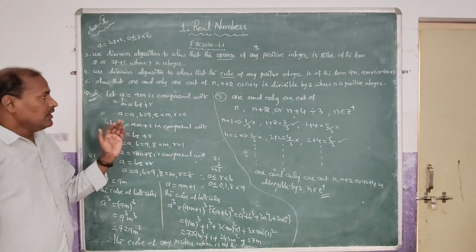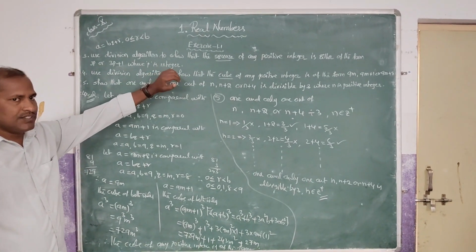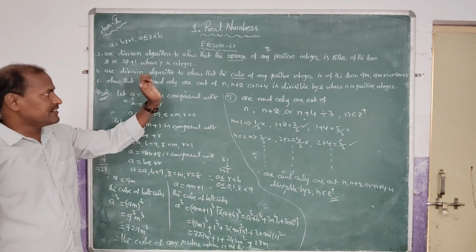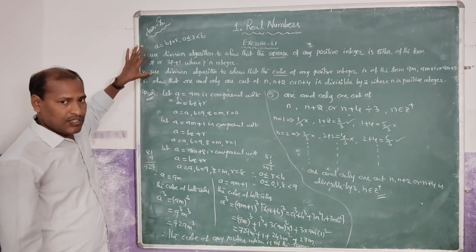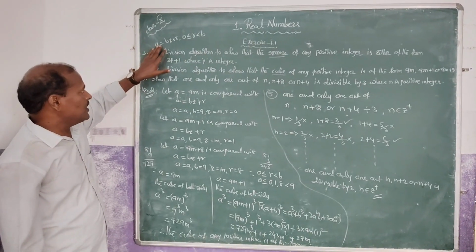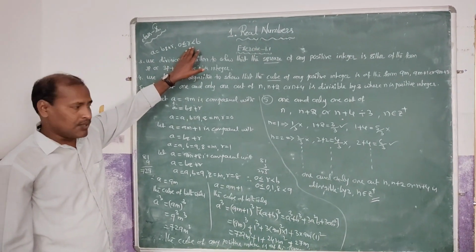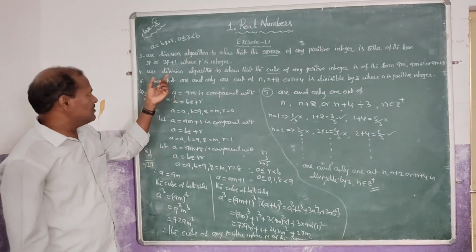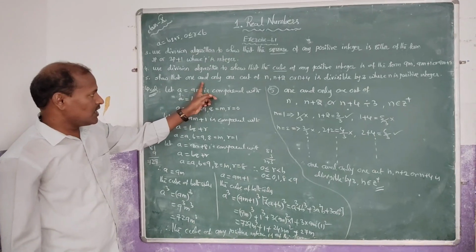Now listen, in exercise 1.1, the first bit, 2 marks, is very important: using division algorithm to find the HCF. Second problem, third problem, fourth problem use the division algorithm. Just remember, a is equal to bq plus r, with condition 0 less than or equal to r less than b. The fifth problem is quite different from the second, third and fourth. This is one more type of question.